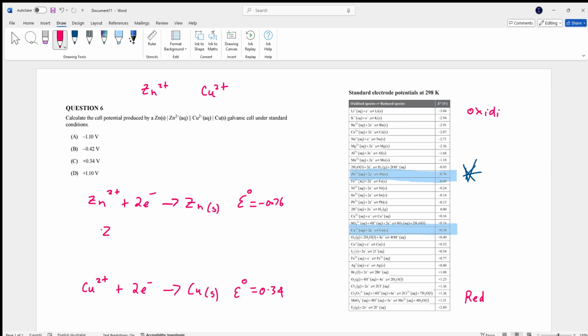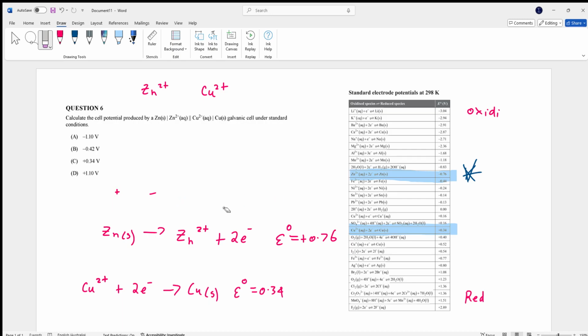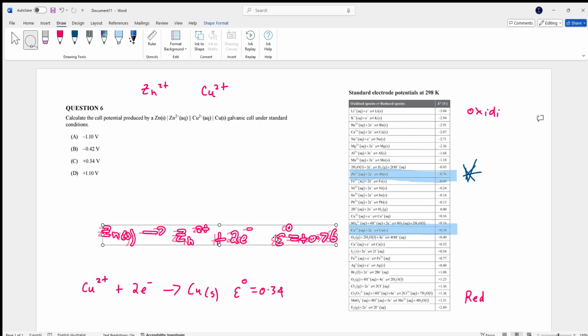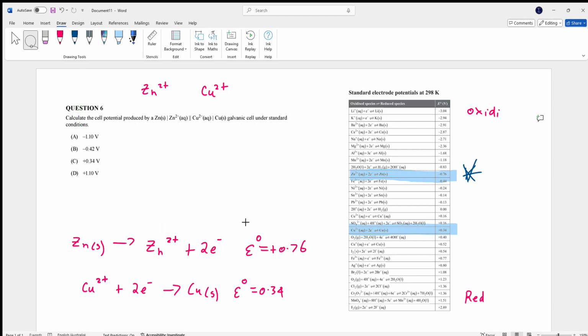So here you write it as zinc solid turning into the ion plus 2 electrons. So this is now showing it's losing it. And then the E naught becomes positive. Then what you would do, if this was like a short response question, is you would add both equations together and you should be able to cancel out electrons. Now even if you had to multiply things to get electrons, the voltages will stay the same.